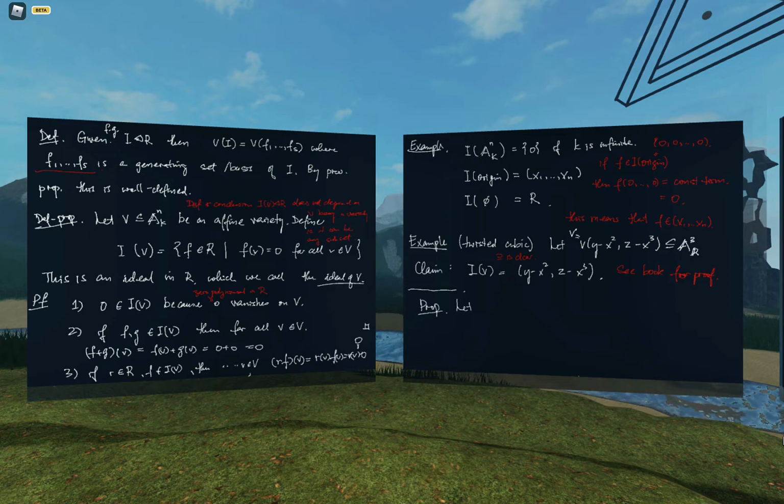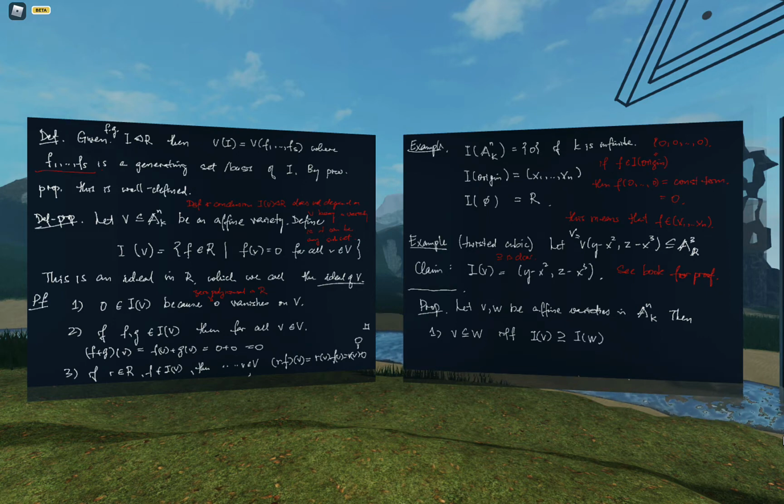So let V and W be affine varieties in the same space, so n variables. Then one: V is contained in W, so affine varieties are subsets, so you can talk about whether one is contained in the other, if and only if I(V) contains I(W).